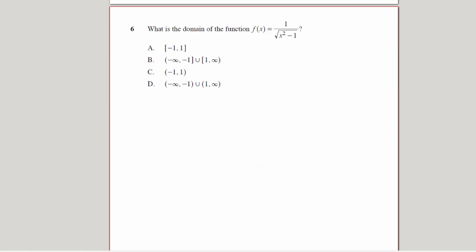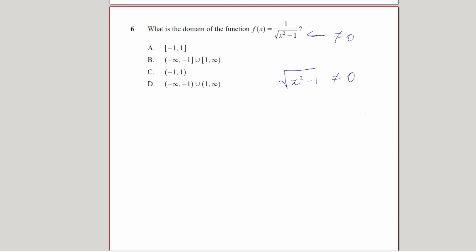The domain of the function is all the x values that the function can take. What you want to do is, instead of thinking about all the x values it can take, think about all the x values it cannot take. So at the denominator it cannot be 0. So the square root of x squared minus 1 cannot be 0.